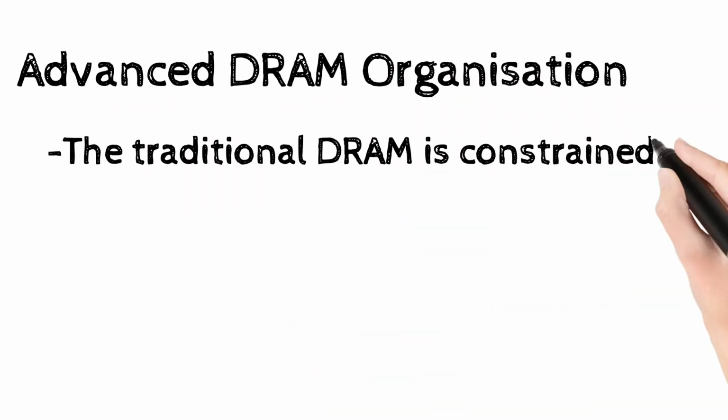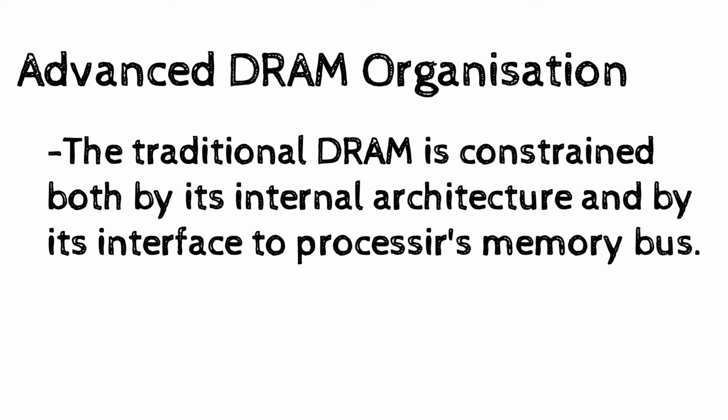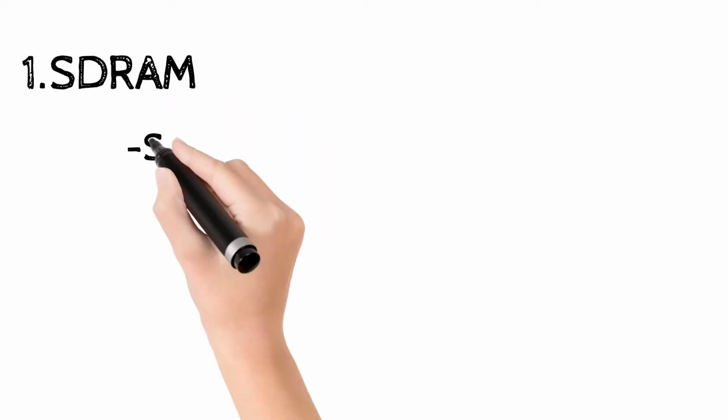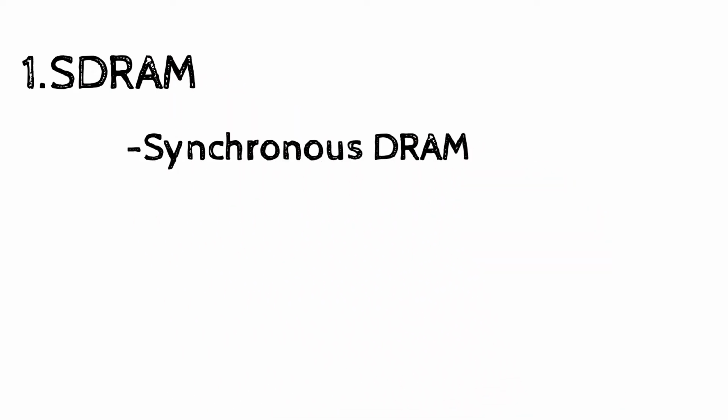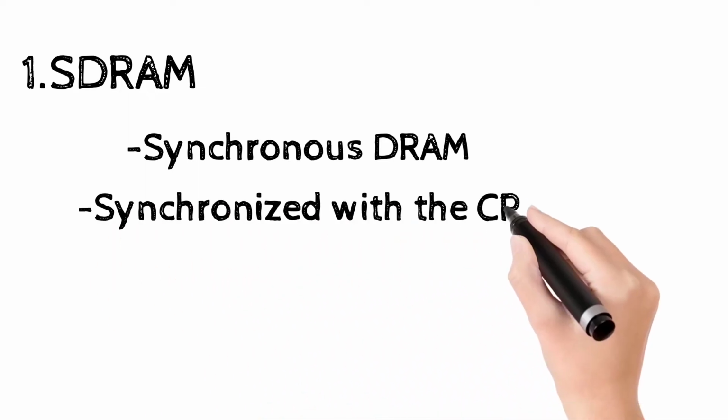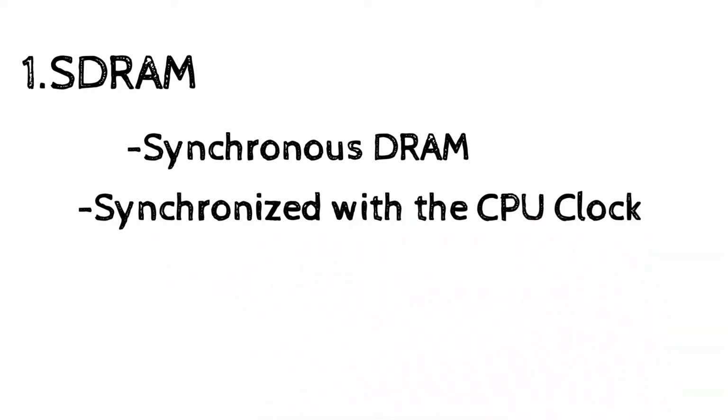Advanced DRAM organization. The traditional DRAM is constrained both by its internal architecture and by its interface to processor's memory bus. The most common DRAMs are: first one is synchronous DRAM, SDRAM. SDRAM is synchronized with the CPU clock.